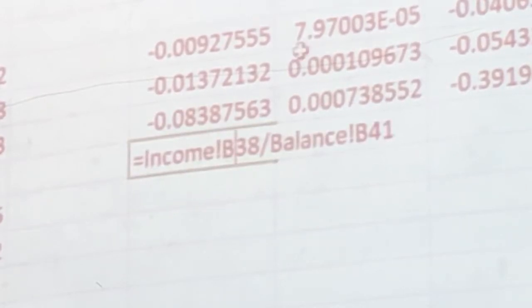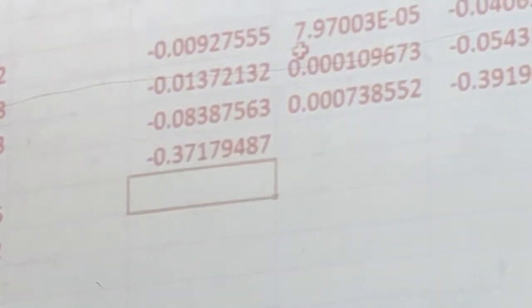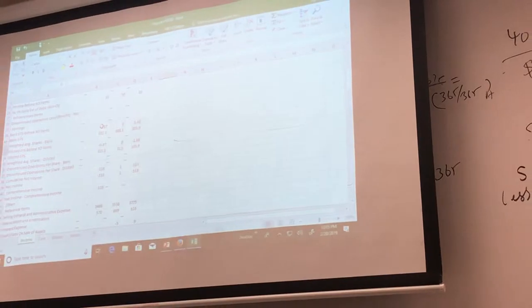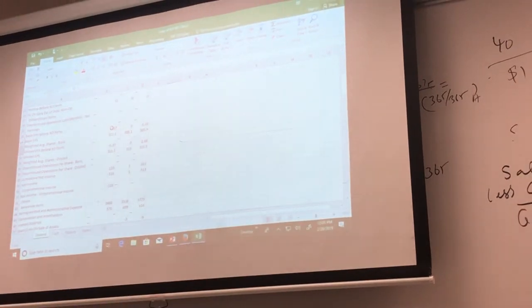Is it B38 or B39? They both have the same number, but I think one of them says net income and the other one's something different. You want to use net income? The one you used was comprehensive income or cumulative net income. Is there a difference between cumulative net income and net income? Let me see. In order to answer that question, they have discontinued operations.